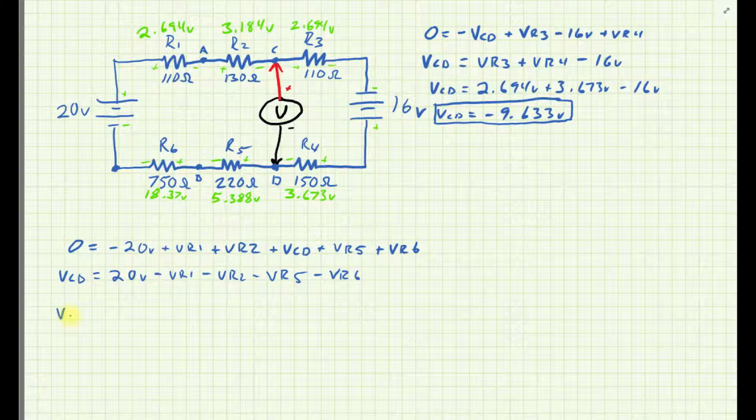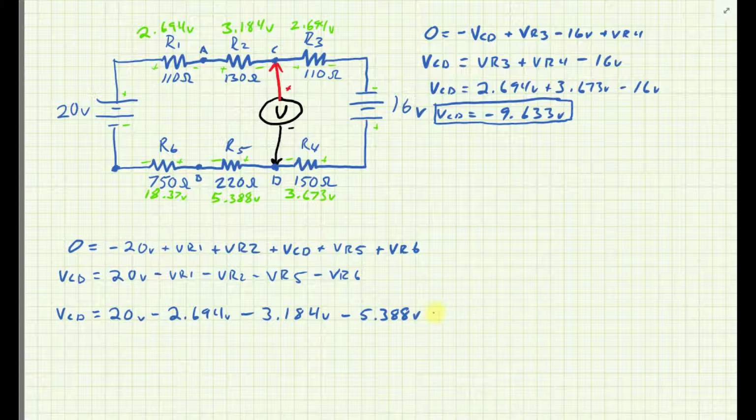Let's just plug in values and solve. Minus 2.694 volts, minus 3.184 volts, minus 5.388 volts, minus 18.37 volts.